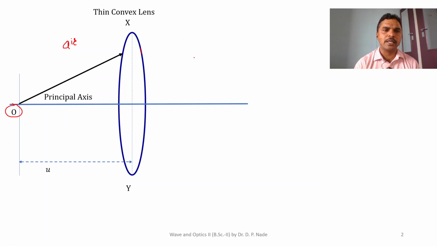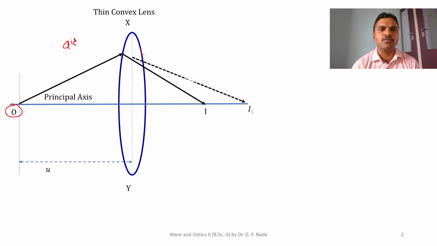whenever the light travels through this medium, it is bent towards this and emerges out again at the point I. But due to these two curved surfaces, it converges at I1. This is the point where we can see the image of this object.